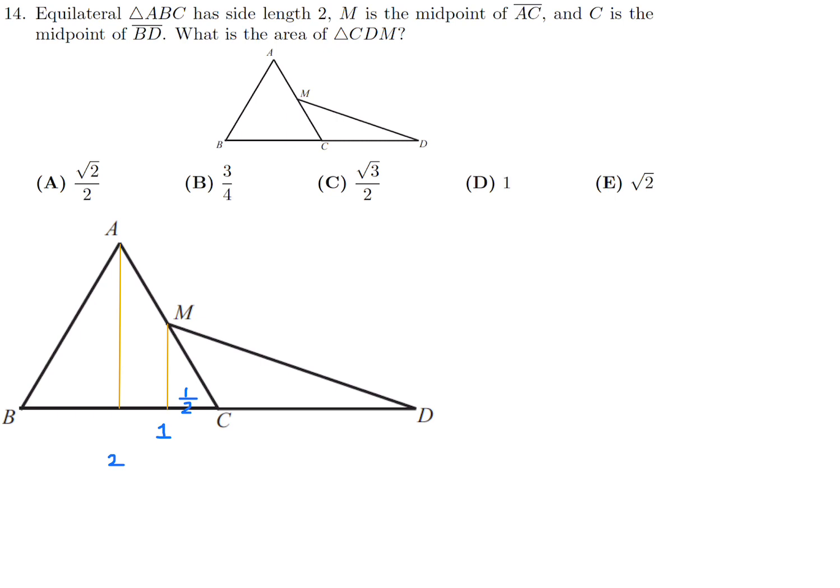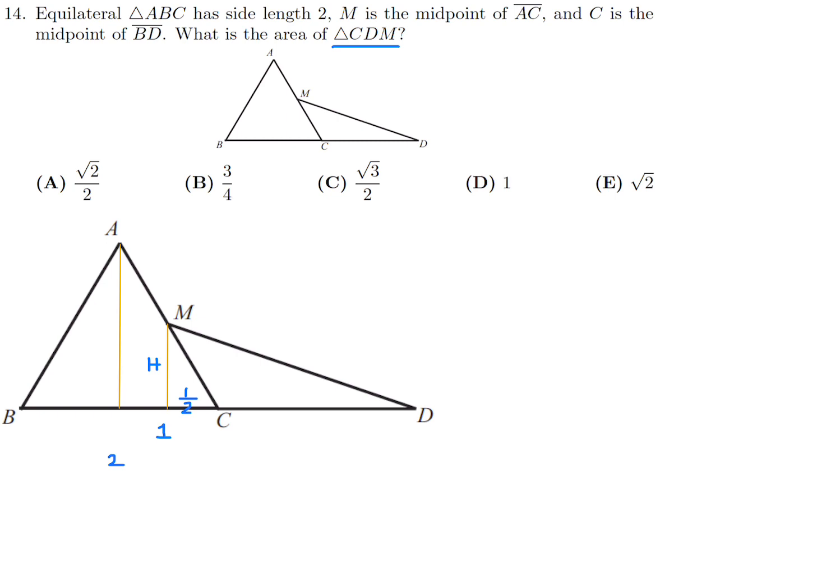Now, at this point, to figure out the area of CDM, which is right here, this triangle, I need to figure out the base and the height. The height is right here, so I'll just call that H. And the base, I can use CD. Now they tell me that C is the midpoint of BD.